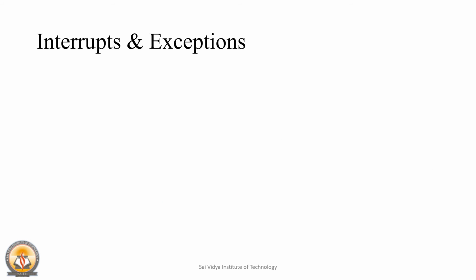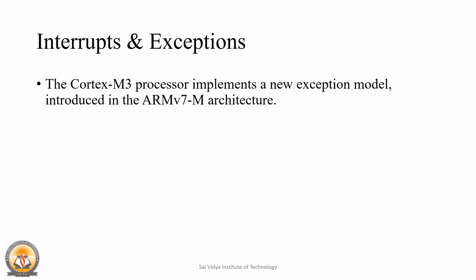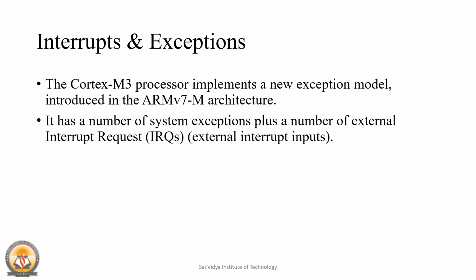The next topic is the interrupts and exceptions. The Cortex-M3 processor implements a new exception model introduced in the ARM version 7-M architecture. This exception model differs from the traditional ARM exception model, enabling very efficient exception handling. It has a number of system exceptions plus a number of external interrupt requests, which are external interrupt inputs.